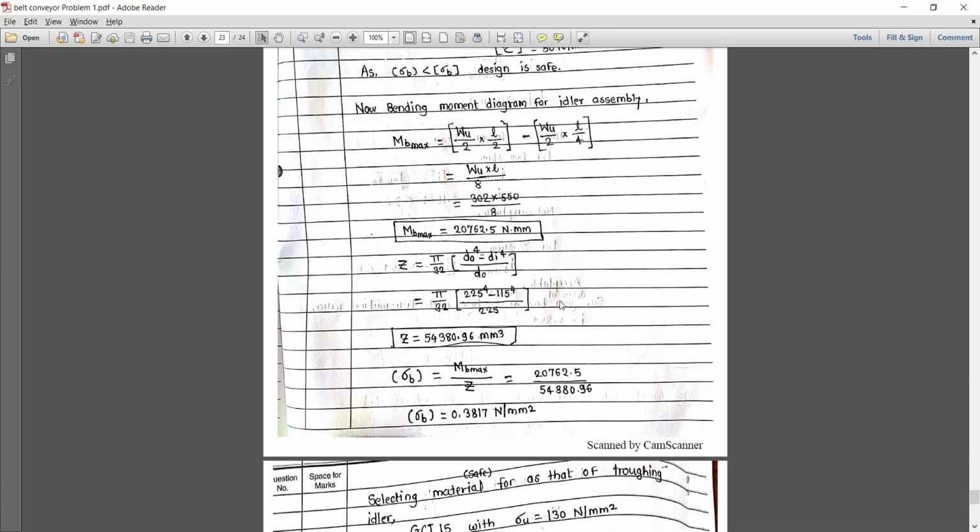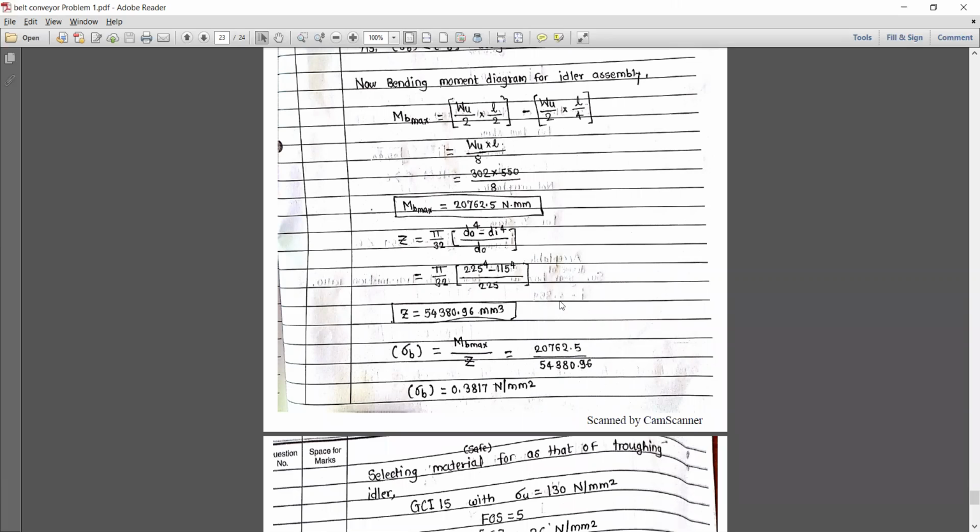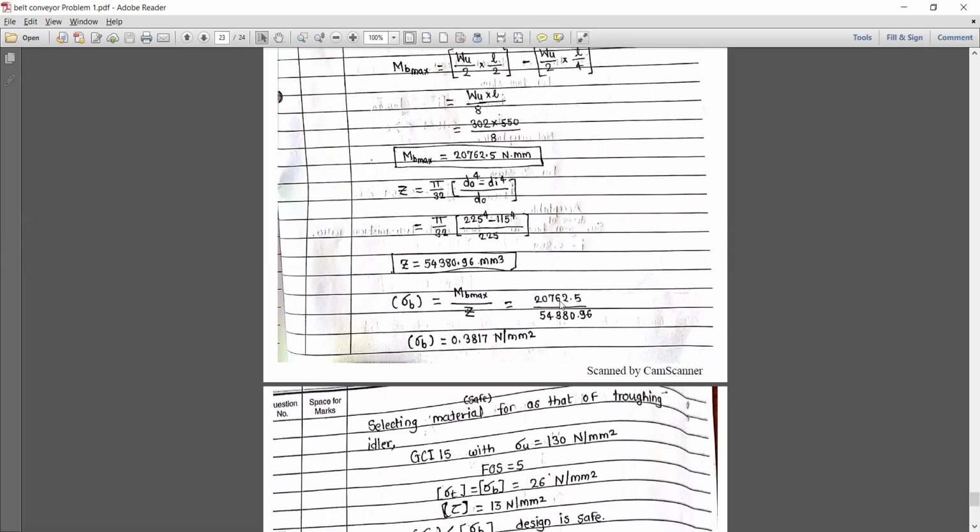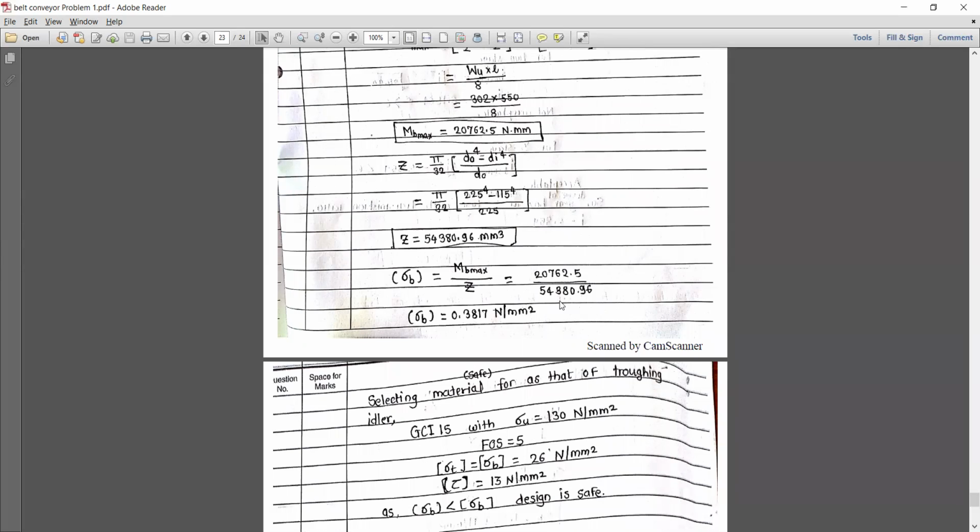Now the bending moment for the idler assembly. The maximum bending moment that we calculated from the previous segment is WU divided by 2 into L by 2 minus W divided by 2 into L by 4, so it is WU into L divided by 4. The maximum bending moment which we calculated is 20,763.5 Newton mm.